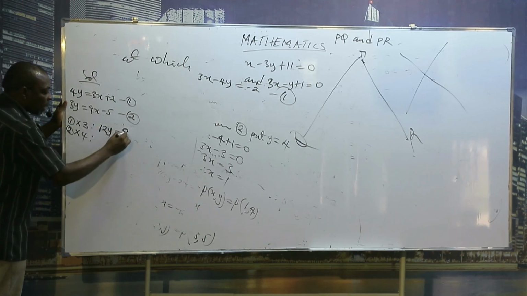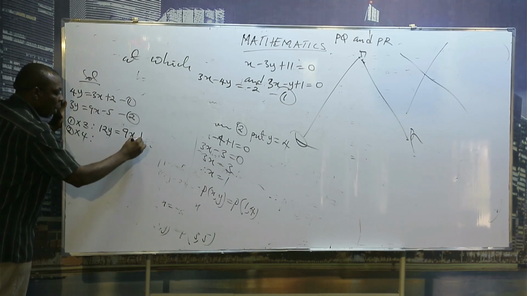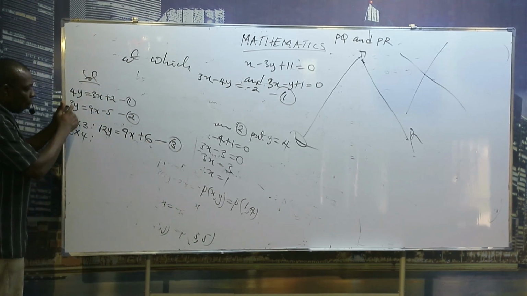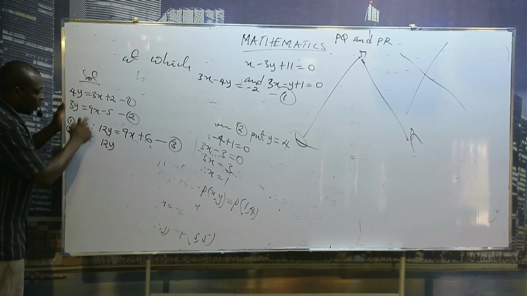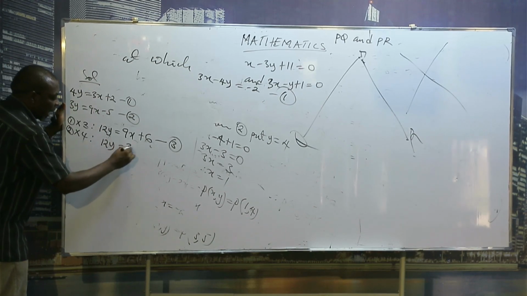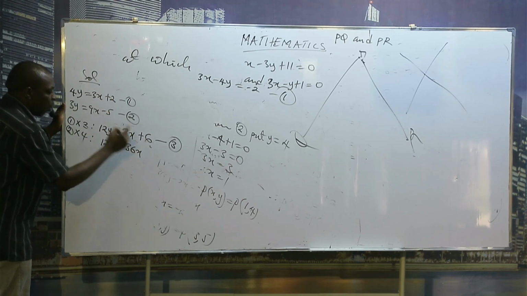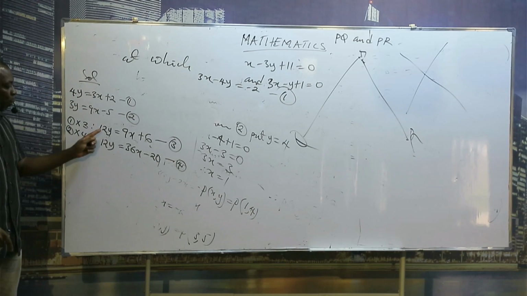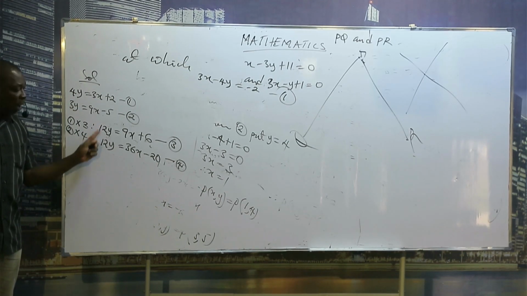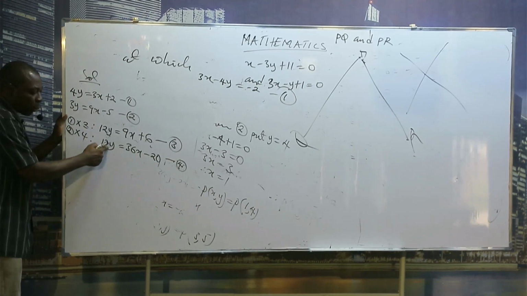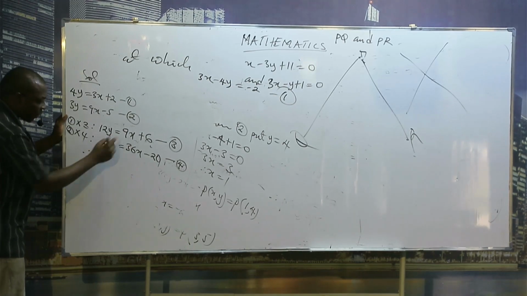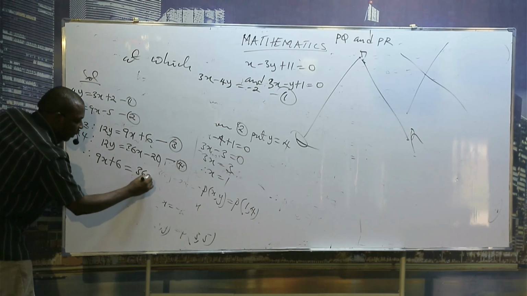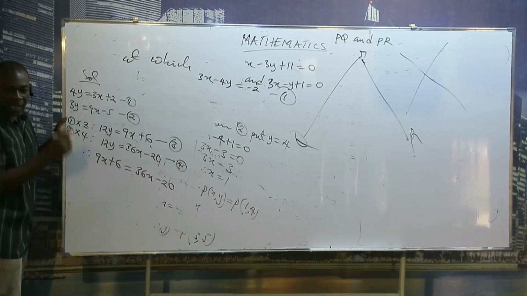And this is 4 times this, 12x minus 20y. Is this equal to this? Can I just come now and say 9x plus 6 equals 36 minus 20? Have you seen that now?